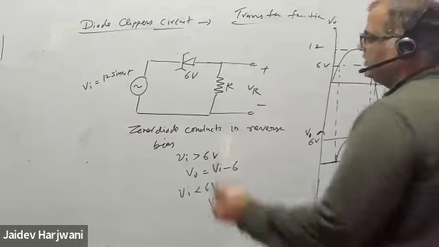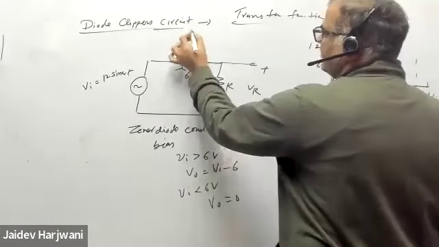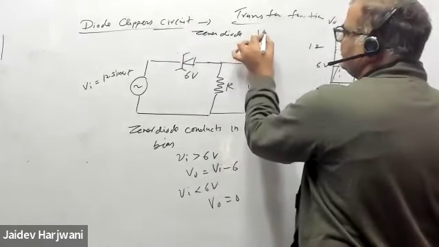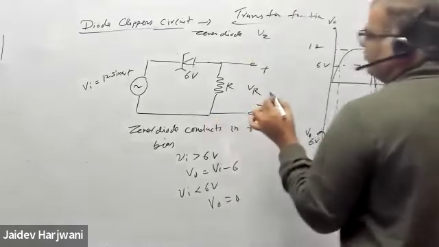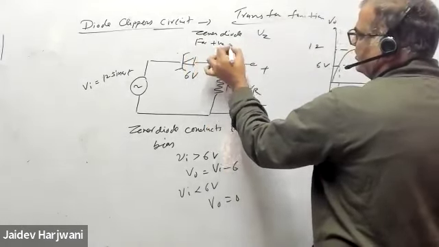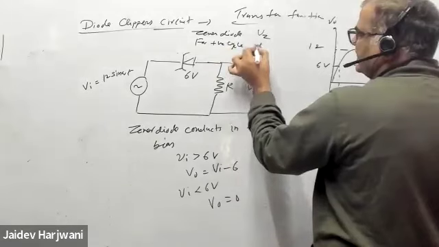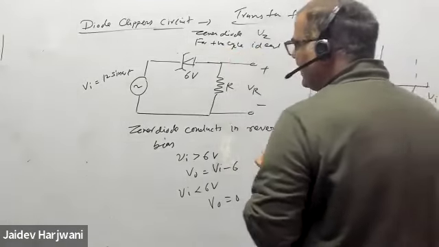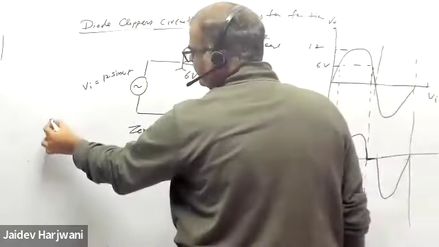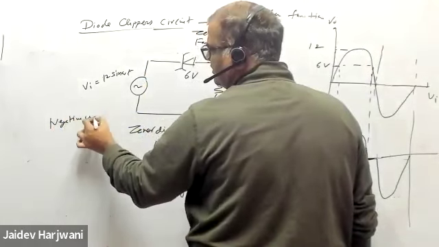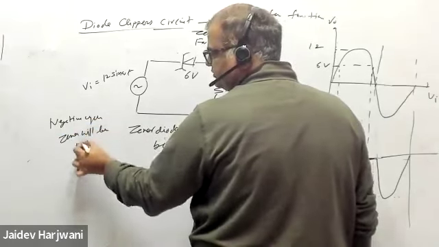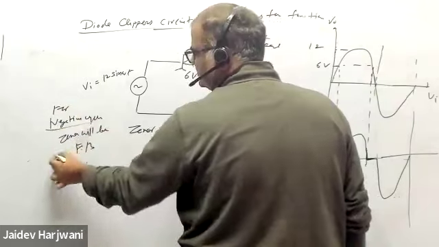So for the Zener diode, the voltage is VZ for reverse bias, and for the positive cycle, the Zener diode is ideal. Ideal means that if you make the negative cycle, the Zener will be forward biased.